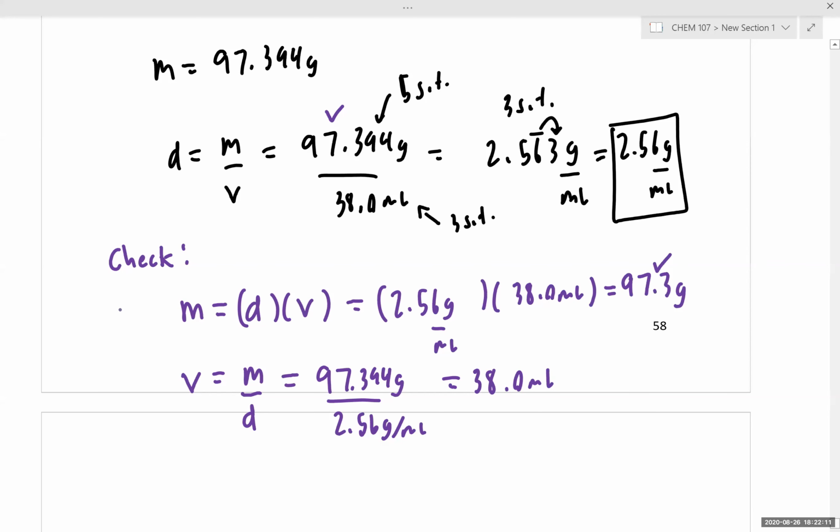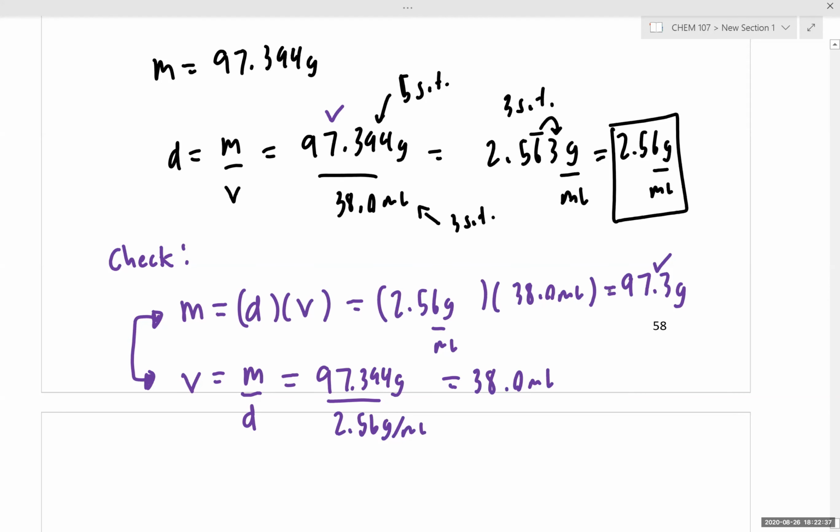So when you're taking an exam, you might as well check your calculations by recalculating your mass and volume. That way, you're always more confident in your results because you've verified that your density can be used to recalculate the mass and volume that you measured in the problem.